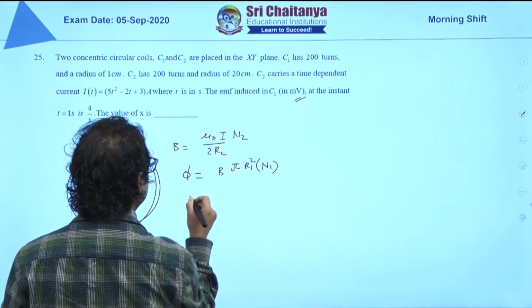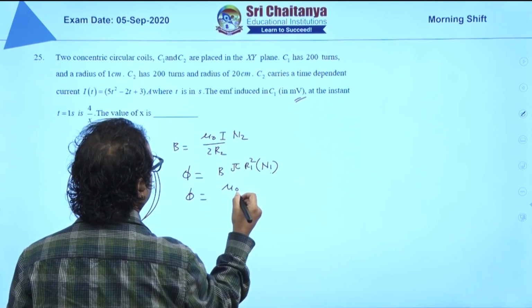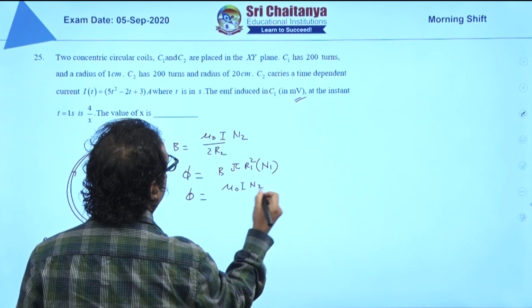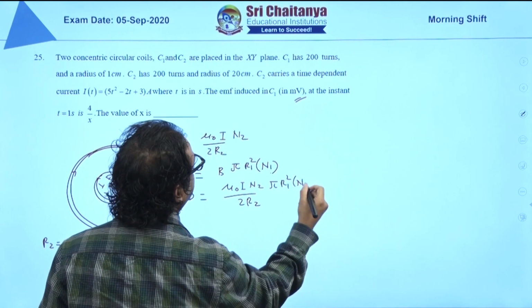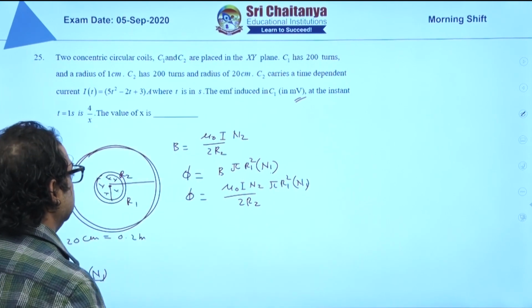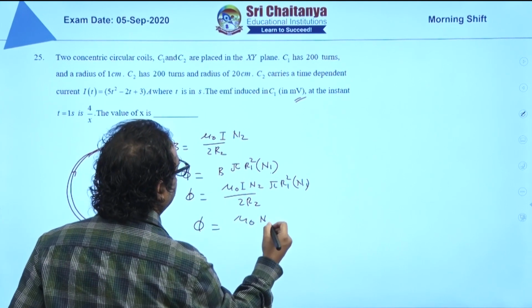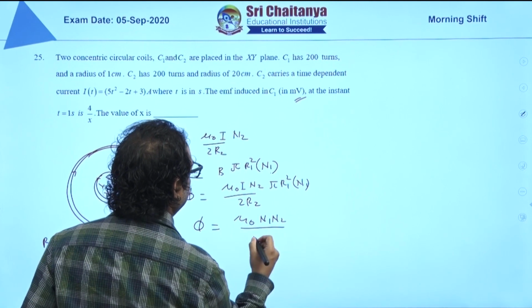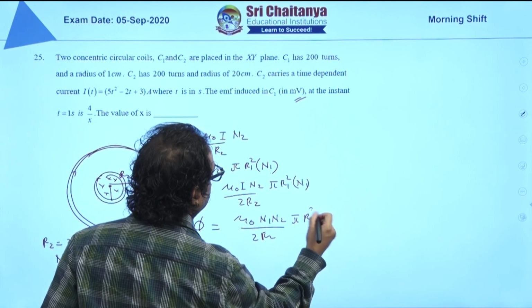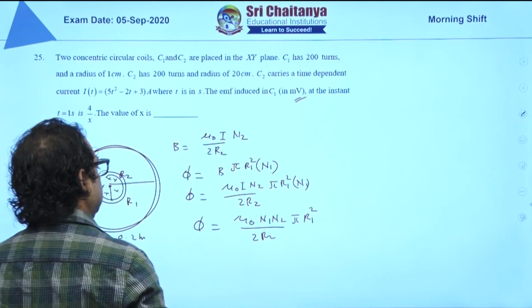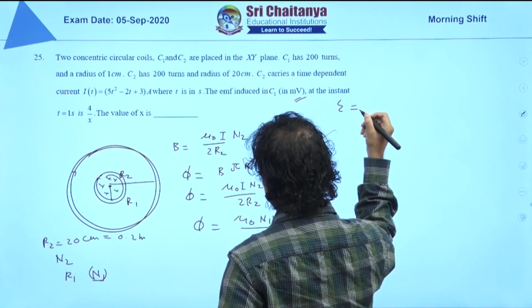Now you put the value. Phi is equal to mu naught I N2 by twice R2 into pi R1 square N1. So, flux is mu naught N1 N2 divided by twice R2, pi R1 square, into I. Definitely the induced EMF magnitude is d phi by dt.